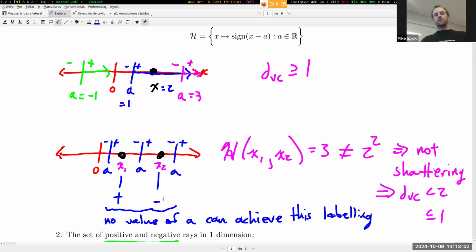And so that is the missing one of these dichotomies right here that we are not able to achieve.